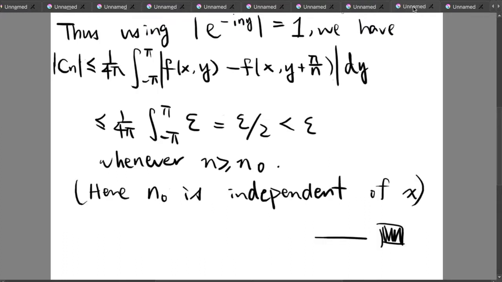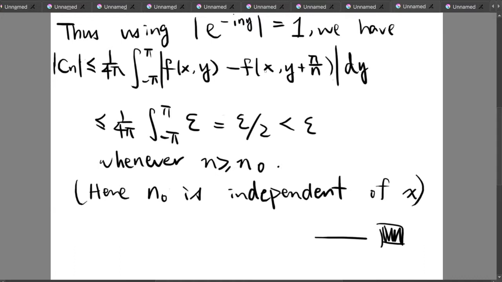So we use the identity that the absolute value of e to the iny is equal to 1. We know that the absolute value of Cn is less than or equal to 1 over 4 pi times the integral from negative pi to pi of the absolute value of f(x,y) minus f(x, y plus pi over n).